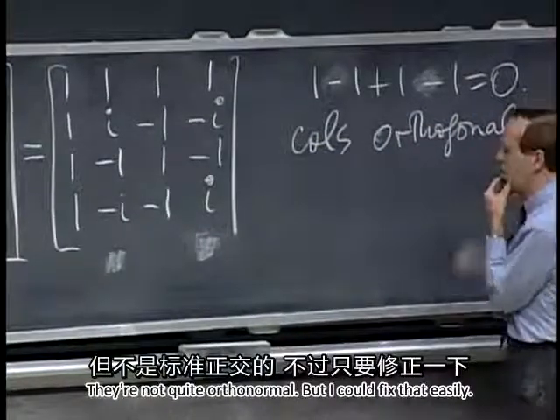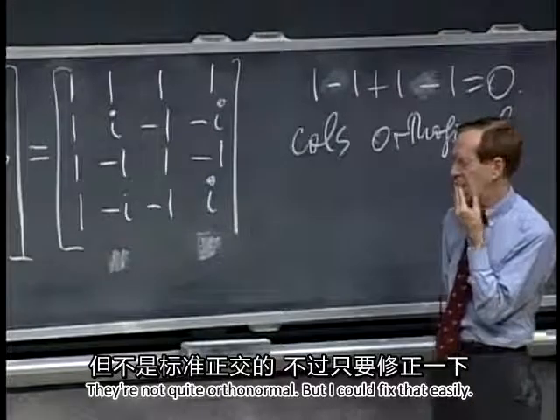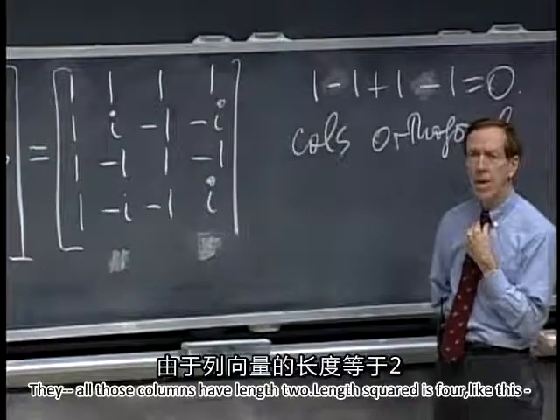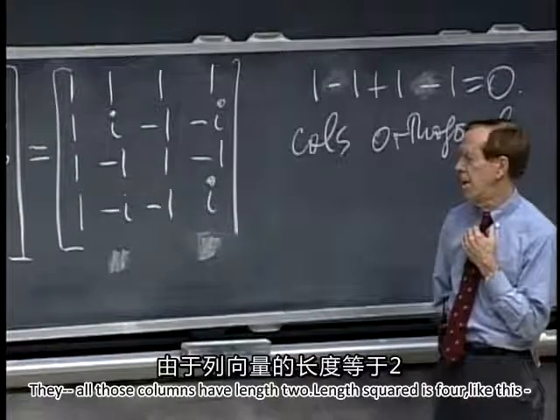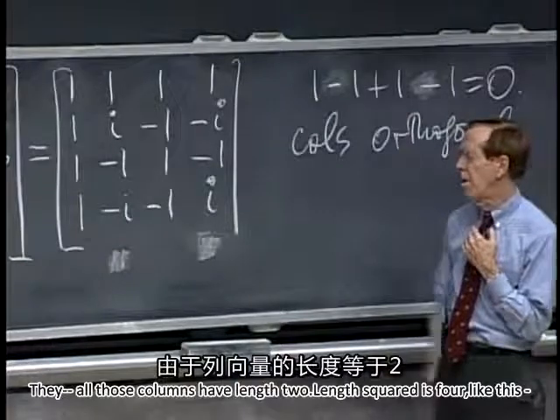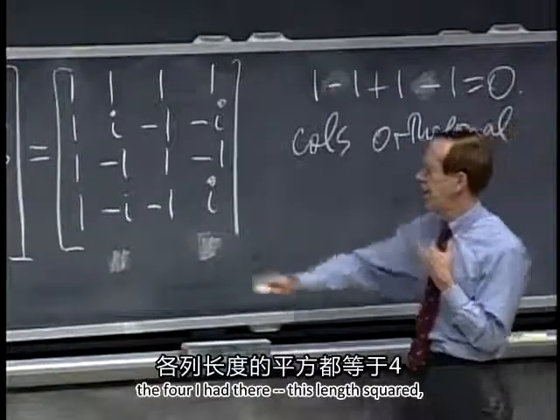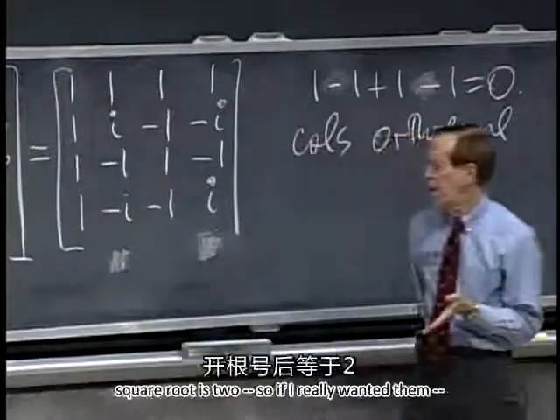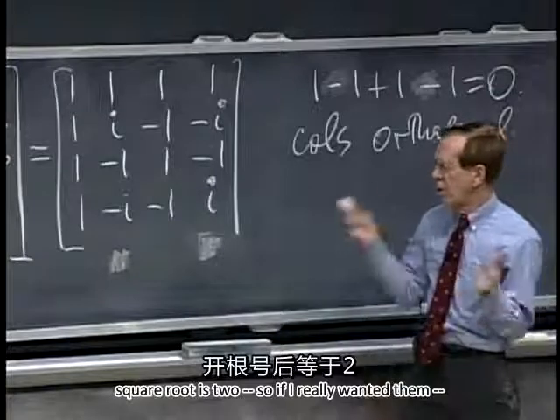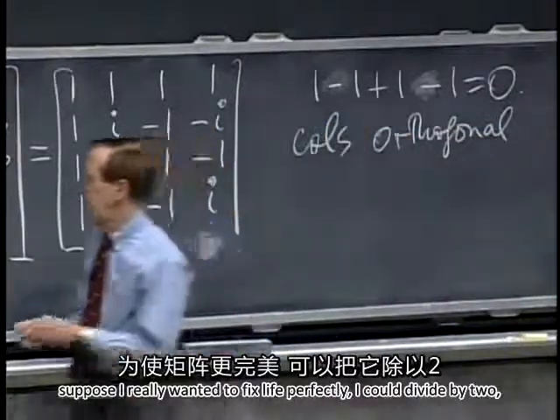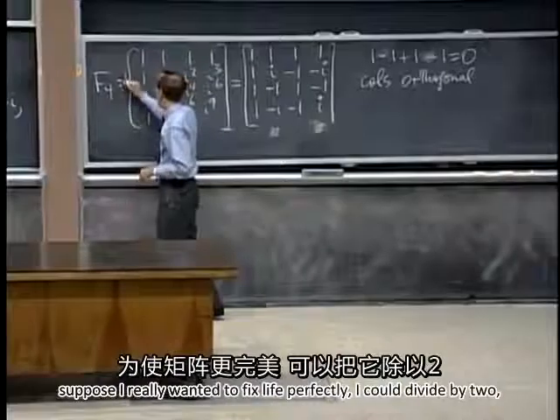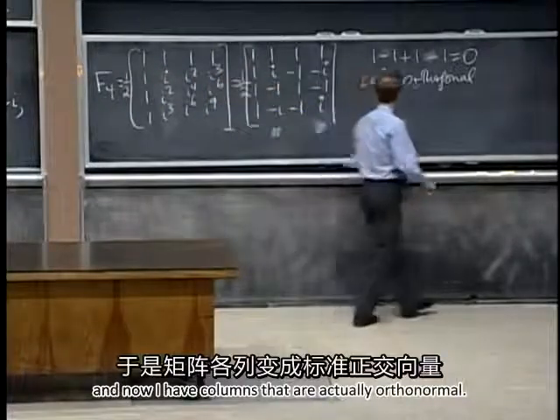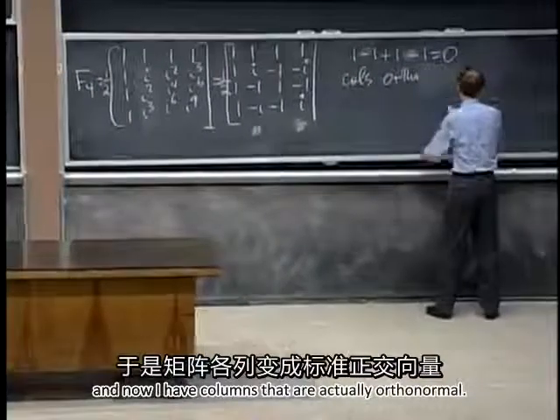They're not quite orthonormal, but I could fix that easily. All those columns have length 2. Length squared is 4, like the 4 I had there. This length squared, 1 squared plus 1 squared plus 1 squared plus 1 squared, is 4. Square root is 2. So if I really wanted to fix life up perfectly, I could divide by 2, and now I have columns that are actually orthonormal.